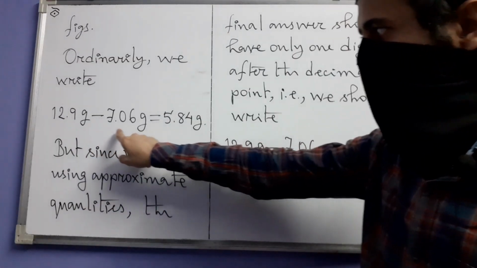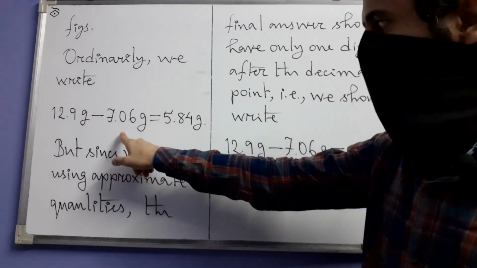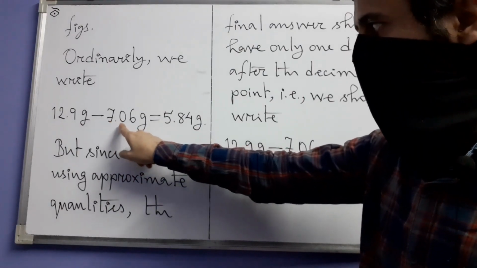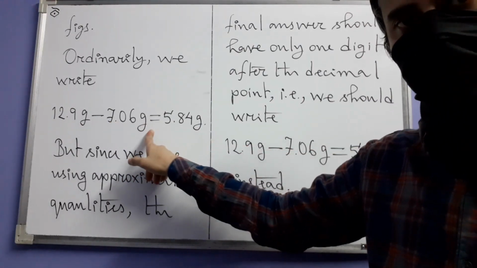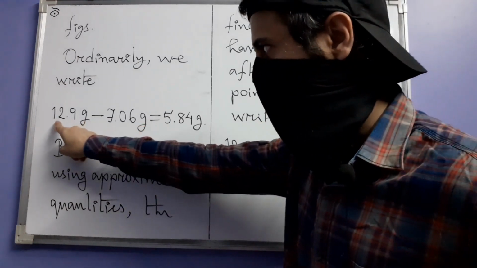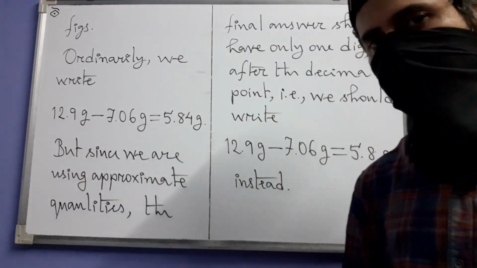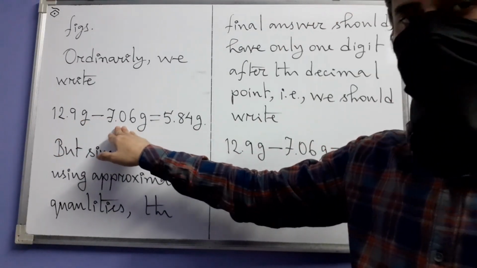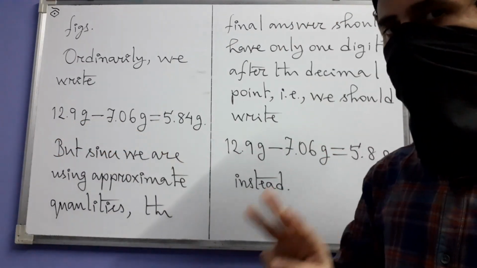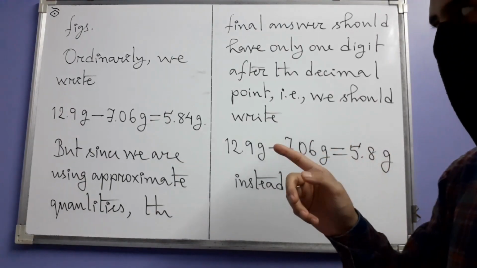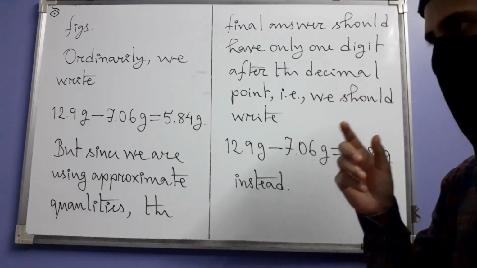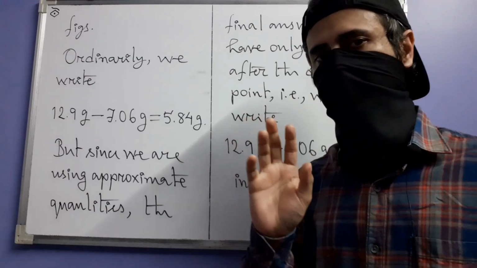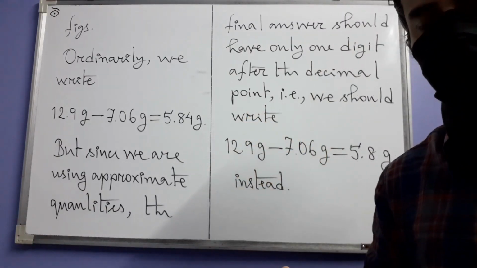Let us look at this subtraction. A mass value of 7.06 gram has been subtracted from another mass value of 12.9 gram. You can see that both these approximate values have 3 significant figures. So the situation is just like that area, but this time we are not multiplying or dividing, we are subtracting.